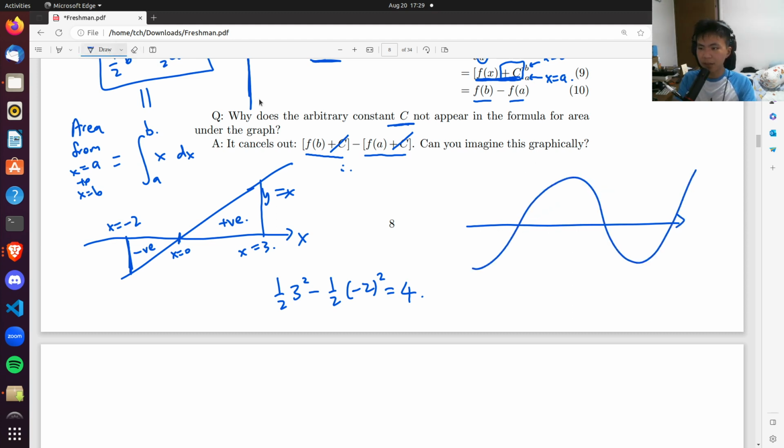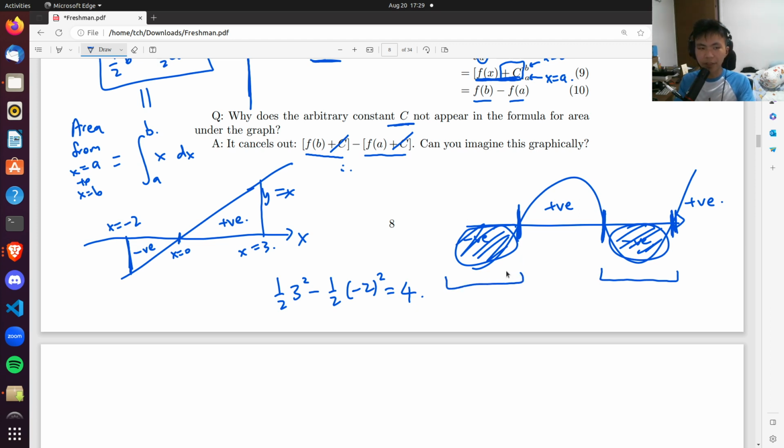Because this is positive area, this negative area, this negative area, and this positive area, if you want to find these regions as positive areas, then you need to find the x coordinates of the zeros of the function, and then you need to perform this integral separately, and you perform this integral separately. And then when you get a negative sign, you reverse it. That's what you need to do if you want to find a geometric area.